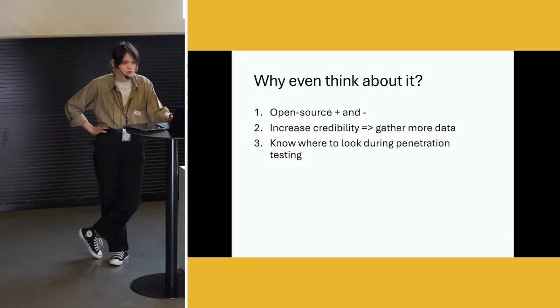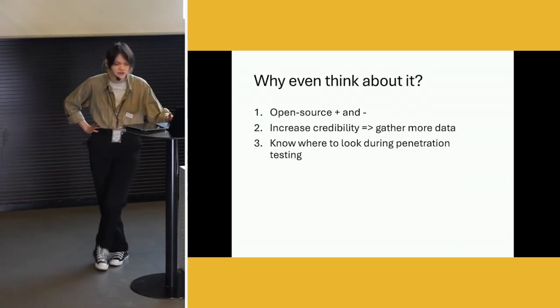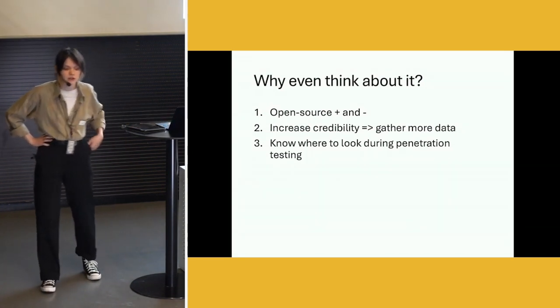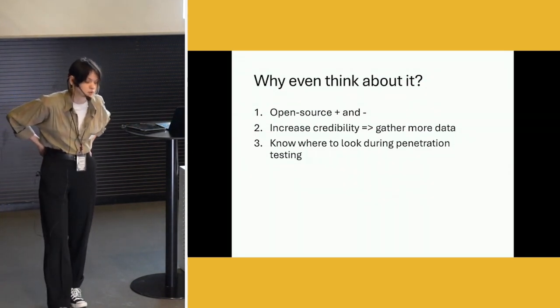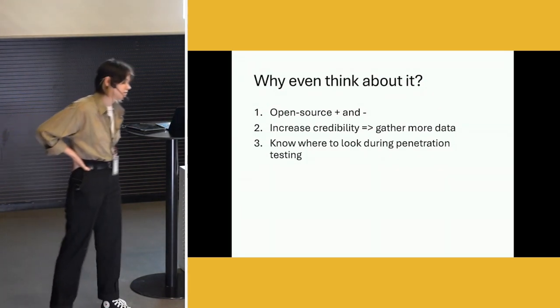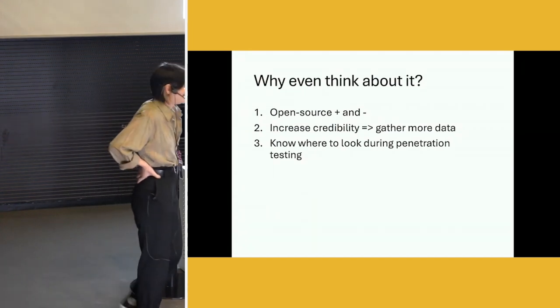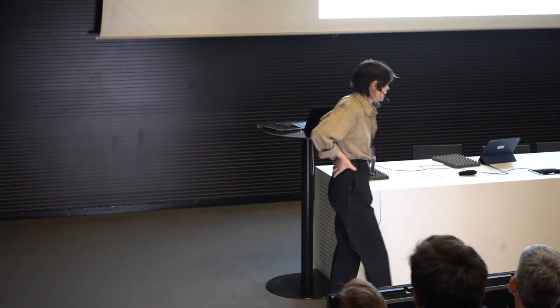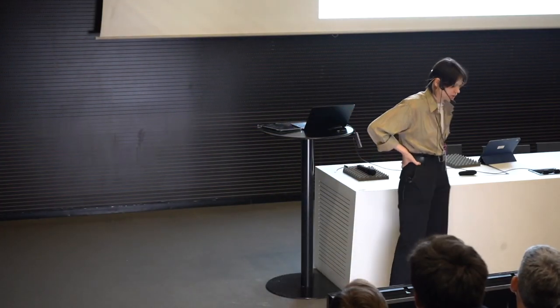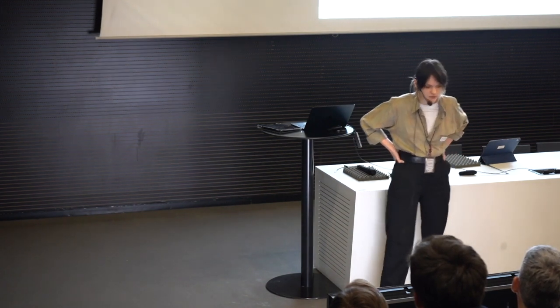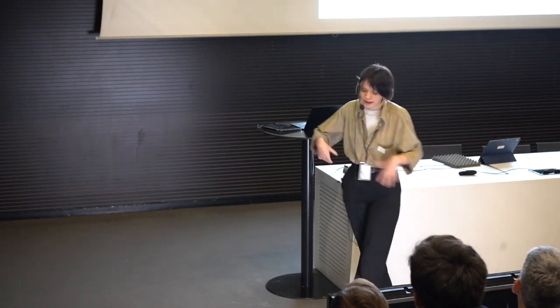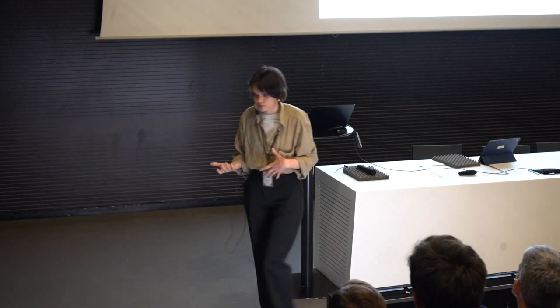Next is about knowing where to look during penetration testing. So this is about pen testers, people who work in offensive security for good reasons. It's really important for them to avoid such decoys to get more results about real hosts.